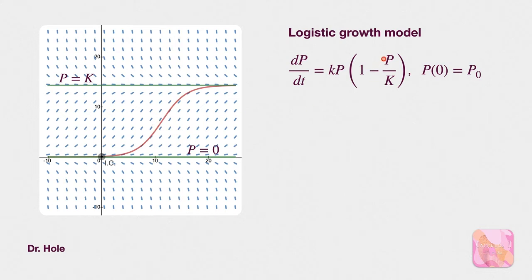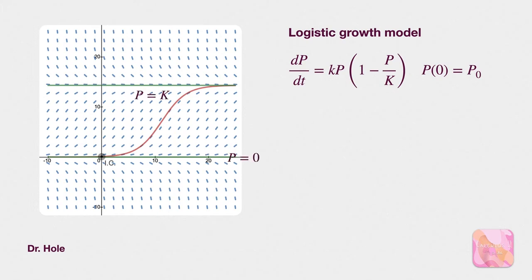But as we noted, as the population gets closer and closer to the carrying capacity, this difference becomes closer and closer to 0. In other words, that exponential growth rate is capped and tends to slow down. The closer and closer the population becomes to the carrying capacity, the slower the growth rate becomes.